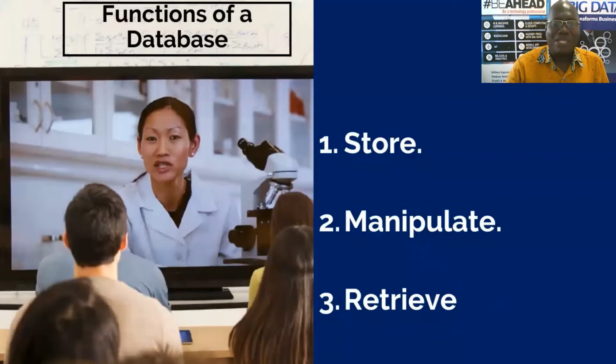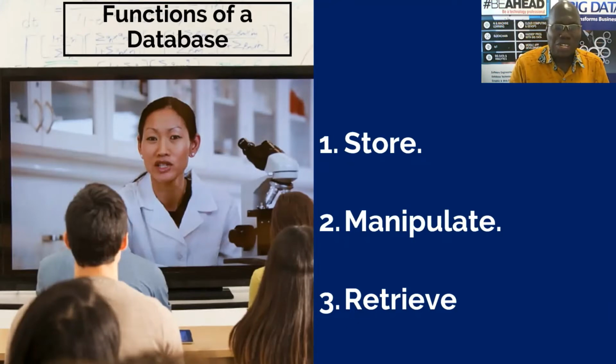Okay, now let's look at the functions of a database. Why do we use a database? Now, cast your mind back again to the manual database management system. We use it to store information. Now we pick that information, we manipulate the information, and then we can retrieve the data that is stored.